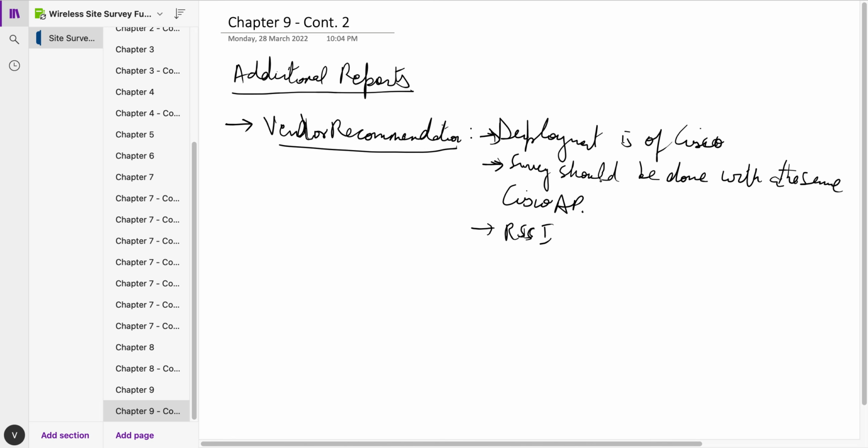So keep that in mind and always use the same vendor product while doing a survey.